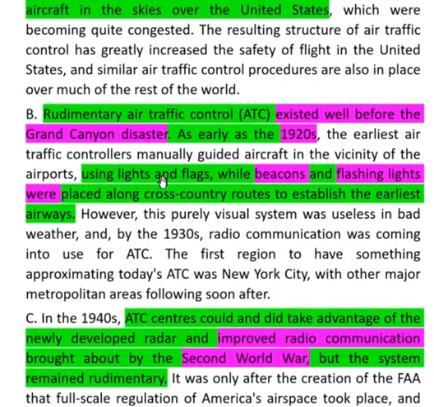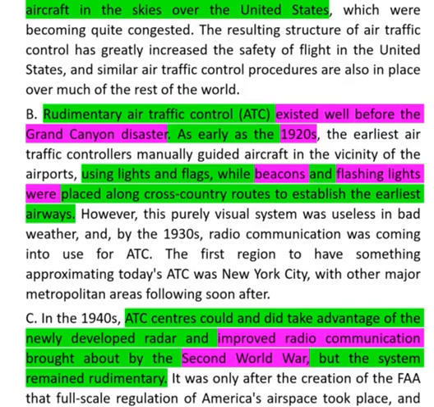In paragraph B, we start reading from the second sentence. As early as the 1920s, the earliest air traffic controllers manually guided aircraft in the vicinity of the airports using lights and flags, while beacons and flashing lights were placed along cross-country routes to establish the earliest airways.